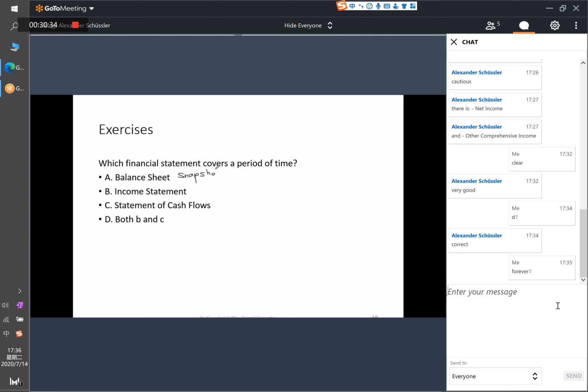It is at a point in time. That's the balance sheet. But the correct answer, as Liang said, is D. Both B and C cover a period in time. Correct. Very good.